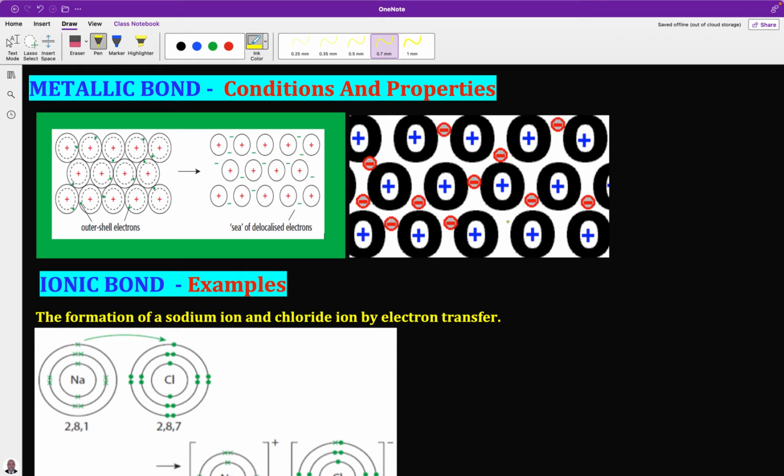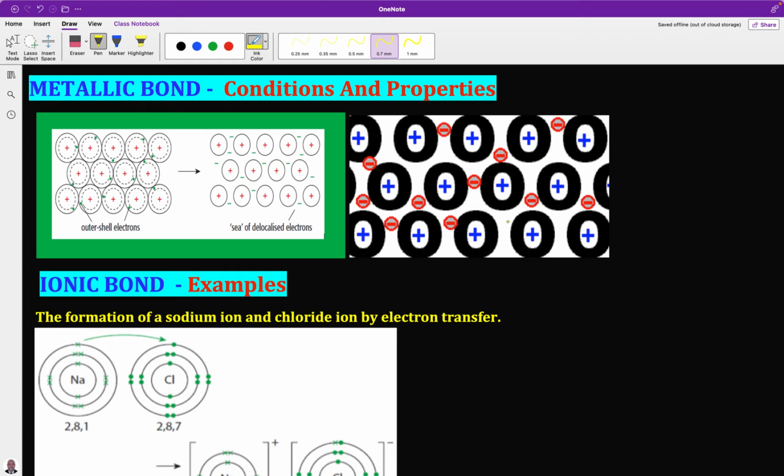And the size of the atom too is another factor. The smaller the size of the metal, the stronger the metallic bond. So we are saying that metals with smaller sizes are stronger than metals with larger ones. What does this mean? The distance from the positively charged nucleus to the outermost shell where the electrons are located also has an influence.